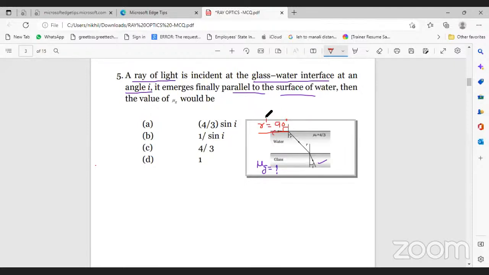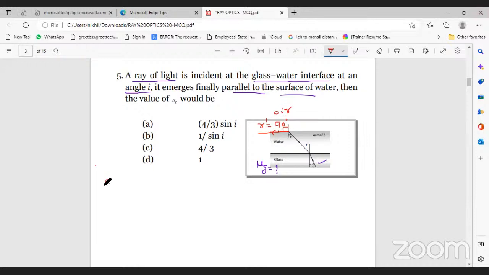So let that be R dash. Now this is glass, this is water, and this surrounding medium is air. If they have not mentioned, you have to take it as air.